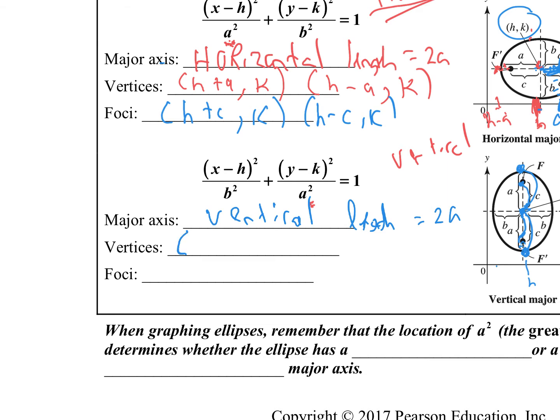This time, I'm going to stay at h, but I'm going to take the k and add a. And the other one will be stay at h, take k minus a. Foci, stay at h, k plus c distance, stay at h, k minus c distance.